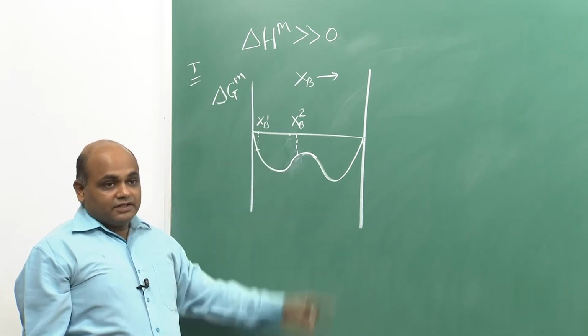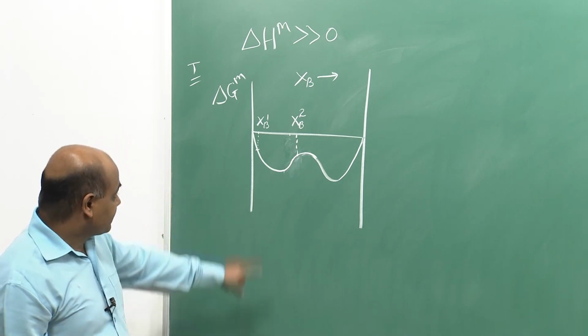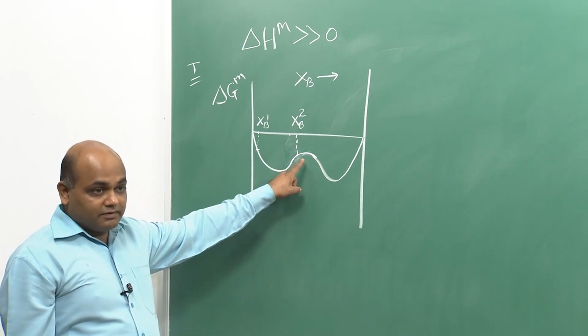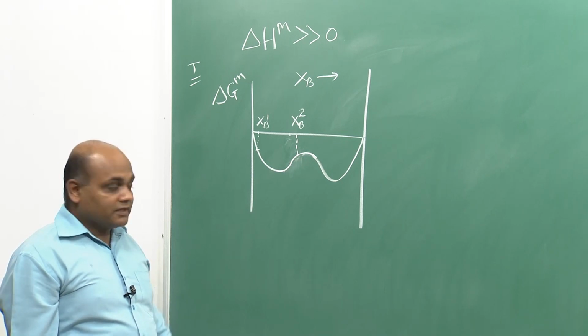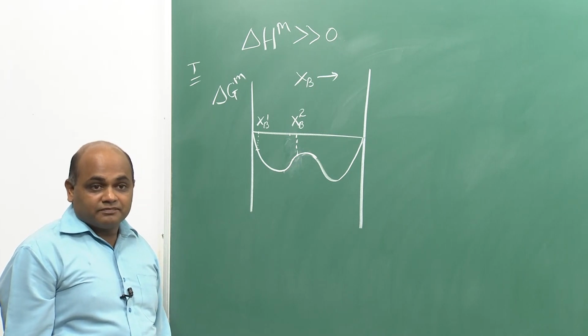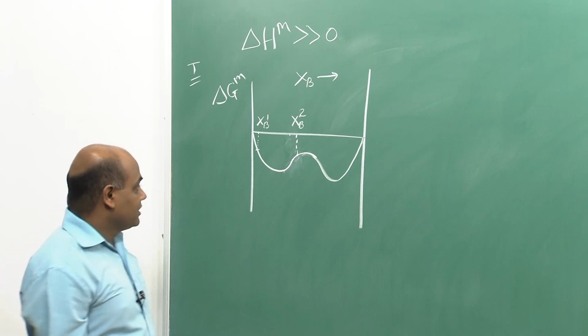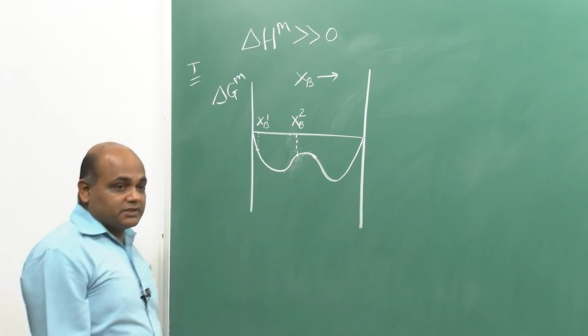So, initially there will be a metastable solid solution, right, but then will it remain stable? Why? The Gibbs free energy delta Gm is still negative.